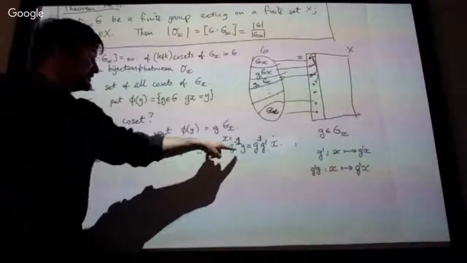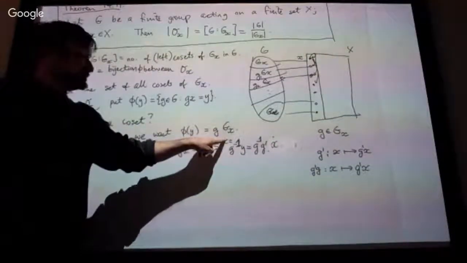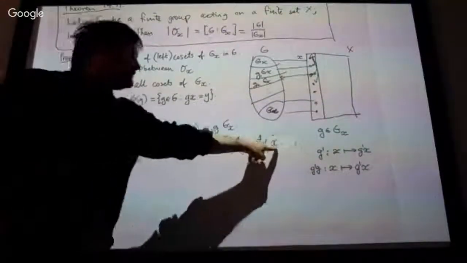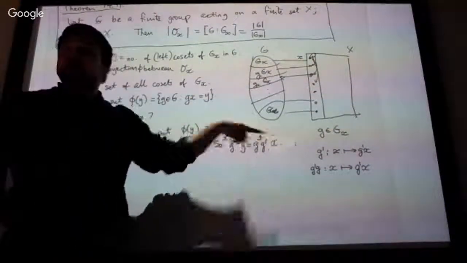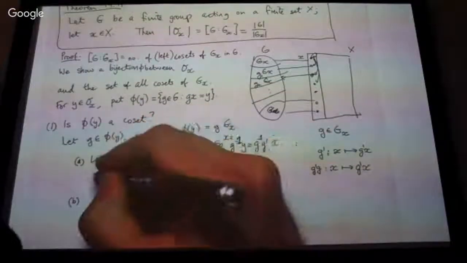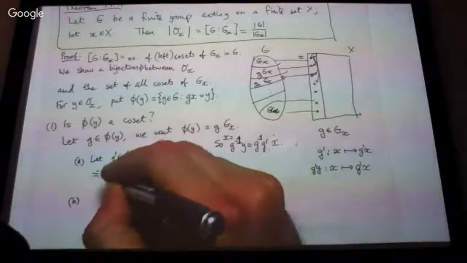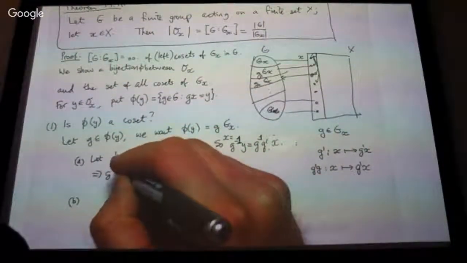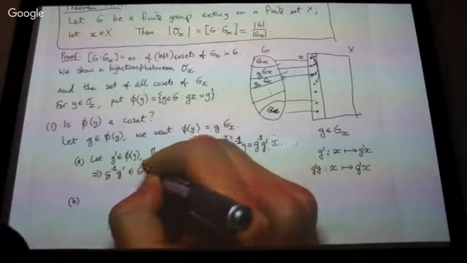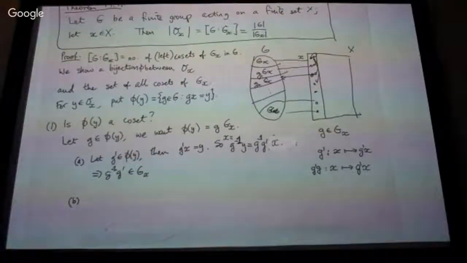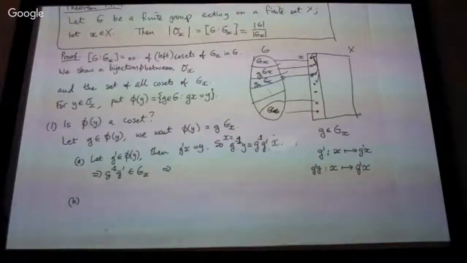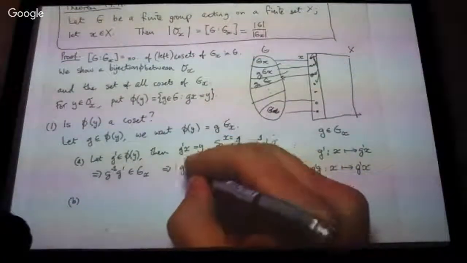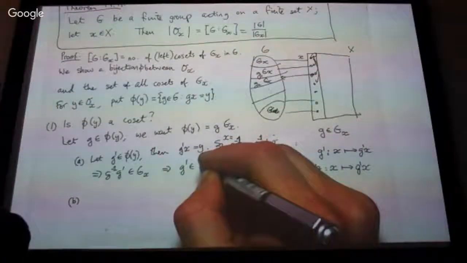So g inverse y is x, and y I can replace with g dash x. So I get x is equal to g inverse g dash x. And therefore, g inverse g dash is in the stabilizer because it sends x to x. And therefore, if I multiply this by g, I get that g dash is in g times the stabilizer.